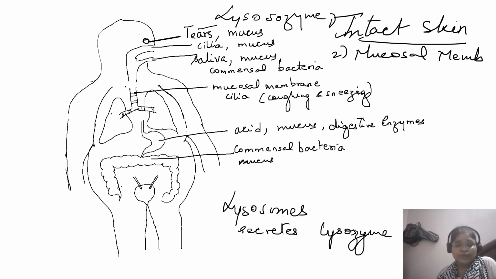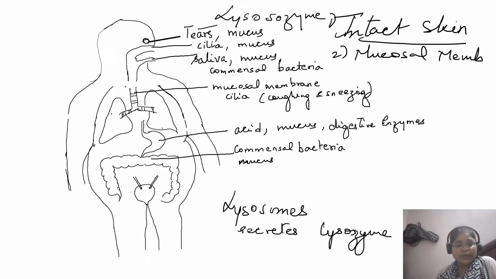So it kills bacteria, and it is non-specific in nature. Already I have told you, it is not being learned. Your mucus in your eye also catches so many dust particles, they stick to it. So your eye is constantly flushed by lysozyme so that it kills these bacteria, isn't it?